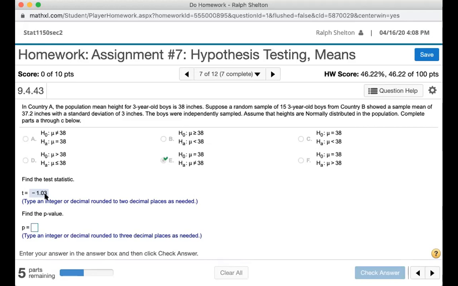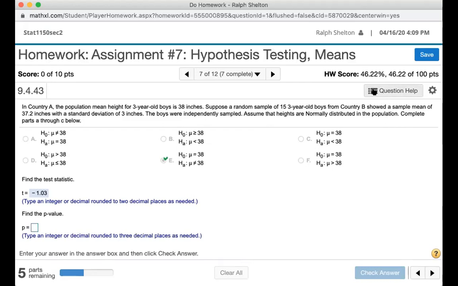Okay, it says find the p-value. There's different ways to do this. Let's go into StatCrunch. Let me get back up above here. It doesn't let me scroll back up there. All right.